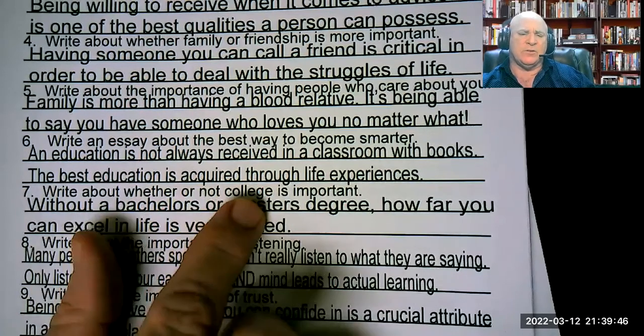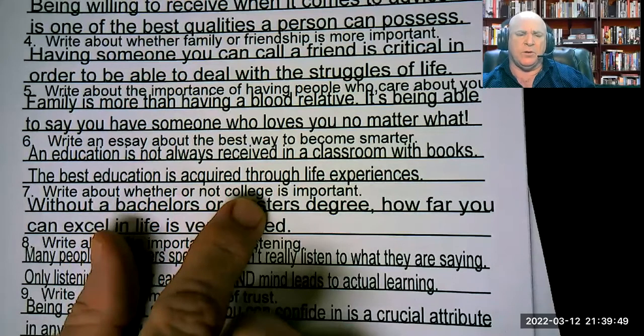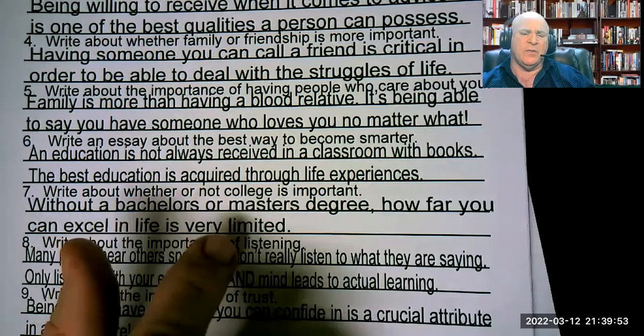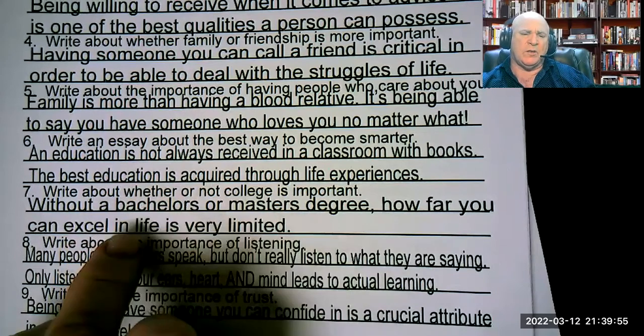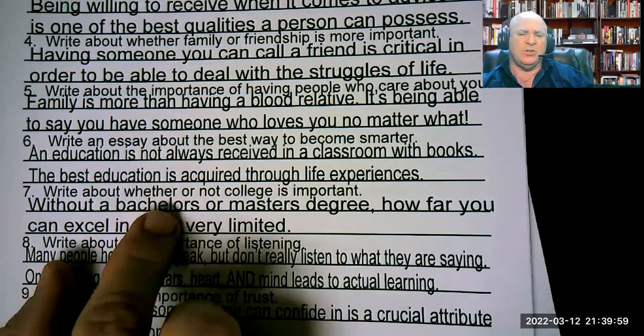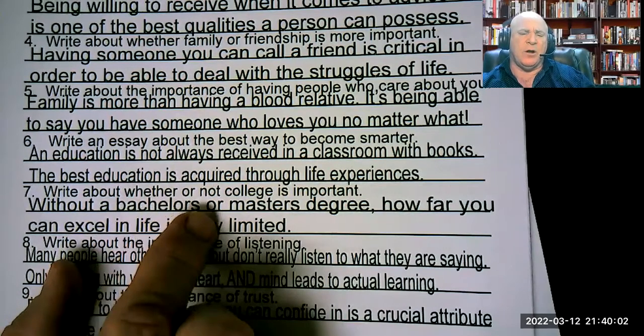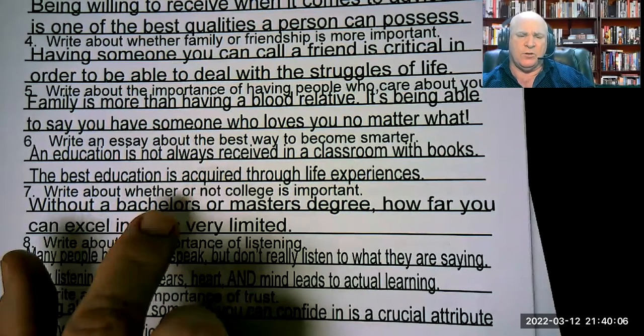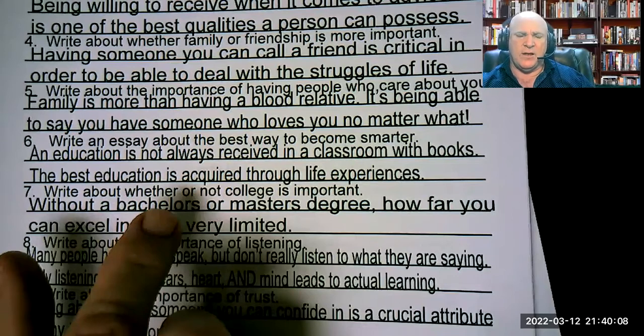And so if every single student says college is important and will determine how far you can excel in life, I'm going to get the reader's attention because I'm going to choose my words carefully and say, because I understand what college is, completion of college means I'm going to get a bachelor's degree after 4 years. Took me 6.5.